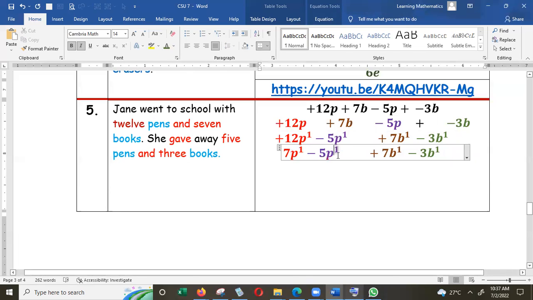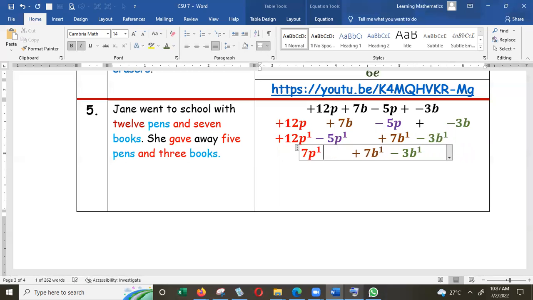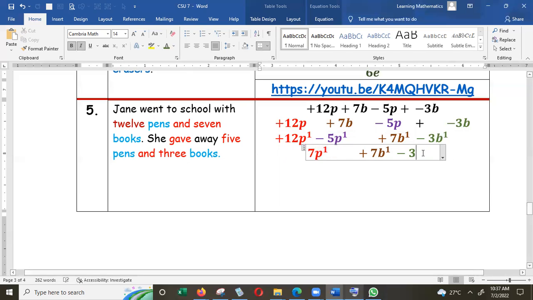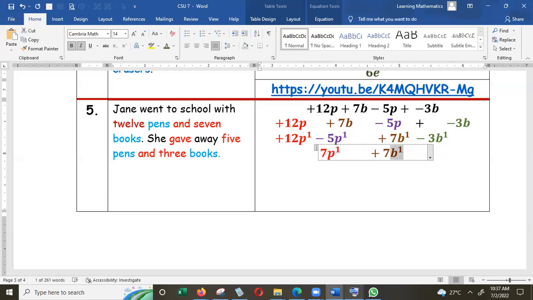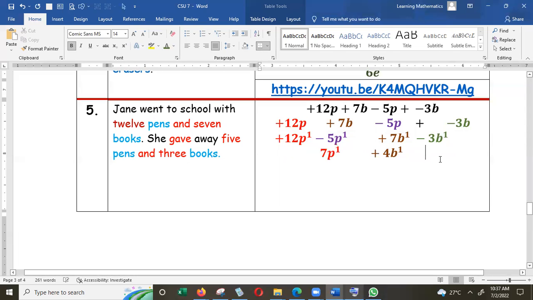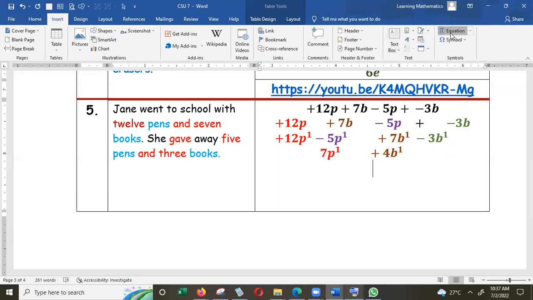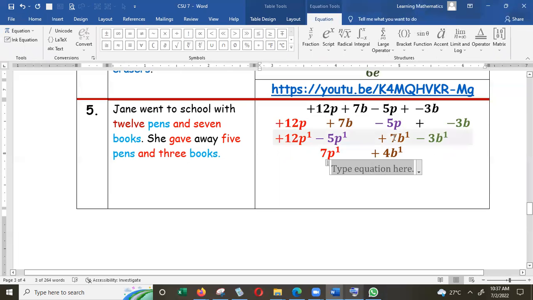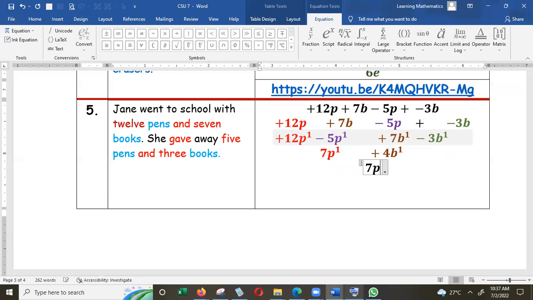There's an invisible plus in front of the 7. 7 books. Take away 3 books from 7 books. You are left with 4 books. So finally, Jane will leave school that day with 7 pens and 4 books.